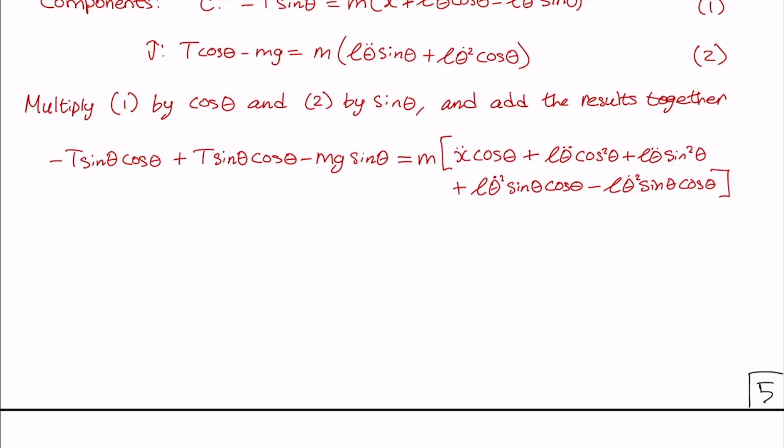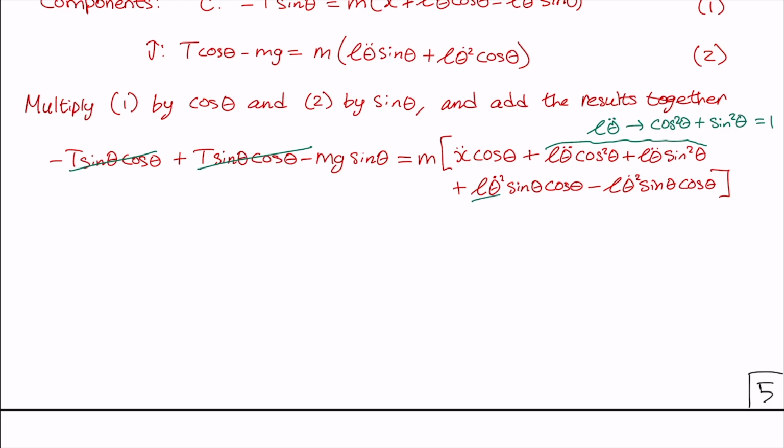And we can go through and do some simplifications here. First, we can eliminate this T sine theta cosine theta term. Second, this quantity that I just drew the bar over is going to be L theta double dot, because cosine squared theta plus sine squared theta is equal to 1.